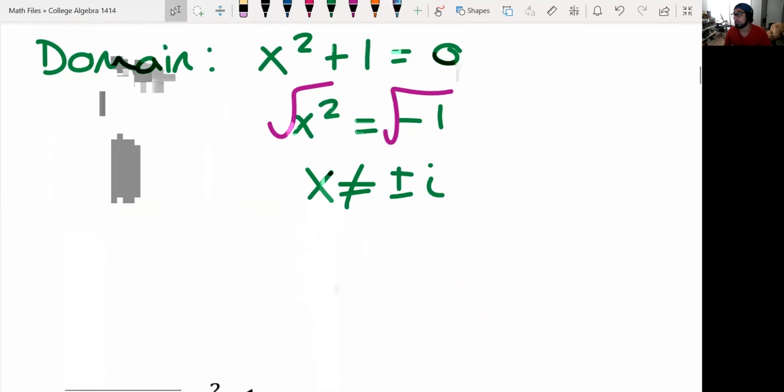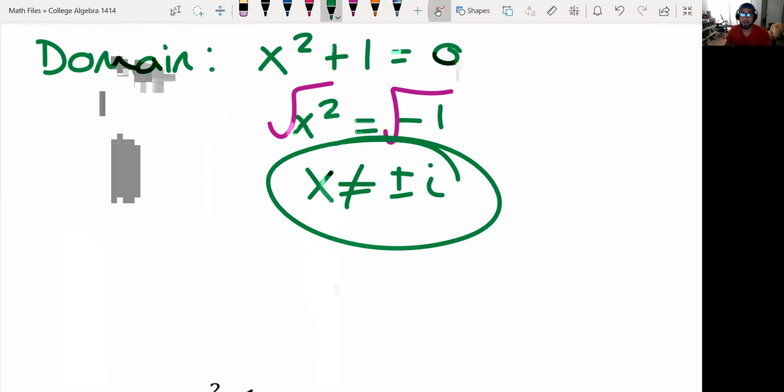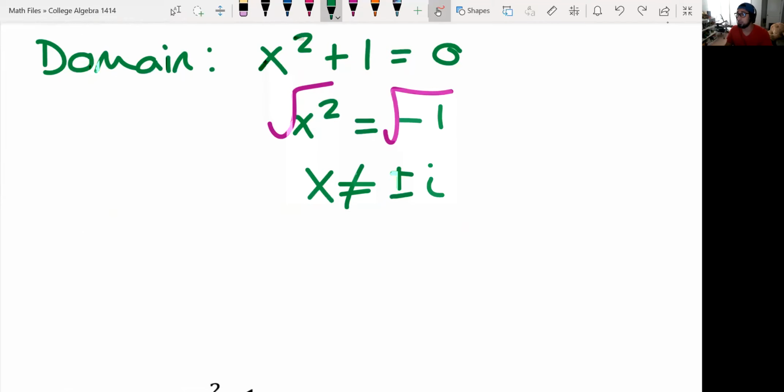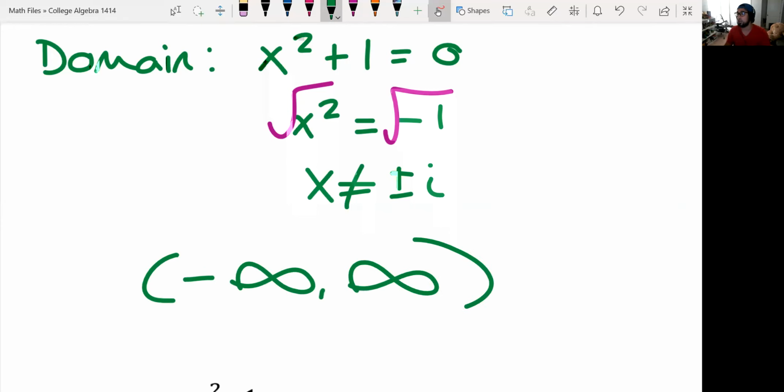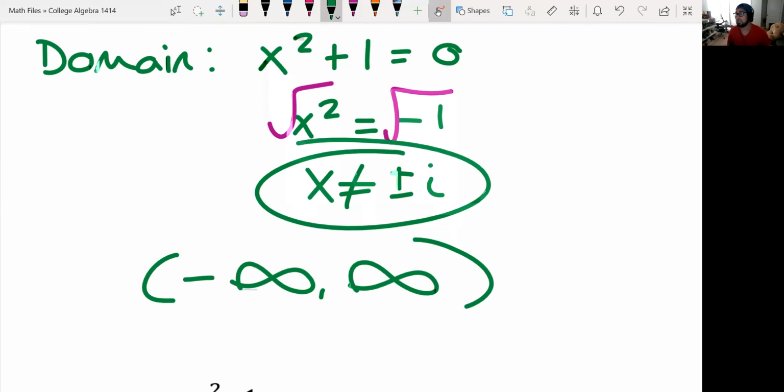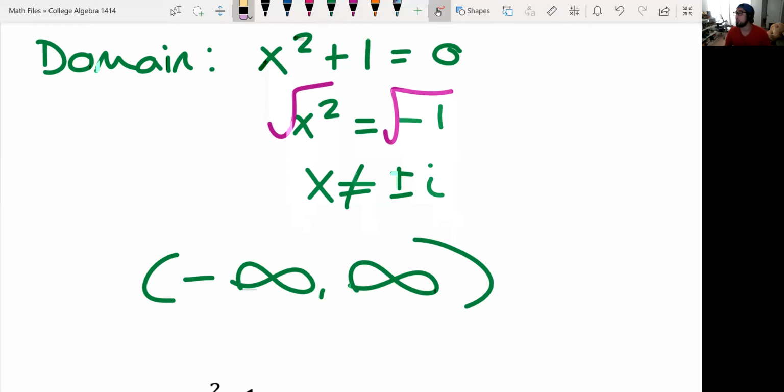What's this trying to tell us? Well, if your domain can't equal imaginary numbers, this means that your domain must be all real numbers. So our domain is -infinity to infinity, because imaginary numbers are the only numbers that make this function undefined, so therefore you can use the set of all real numbers. Okay. Next.